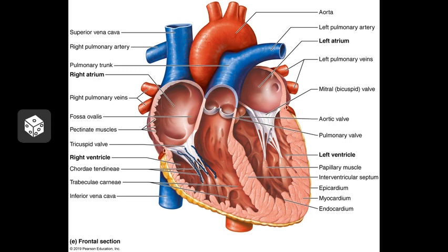Chordae tendineae. They're almost kite-like strings that hold the valve open, and they attach to these interesting projections up on the inside of the chamber wall, papillary muscles. So the chordae tendineae connect to the papillary muscles.